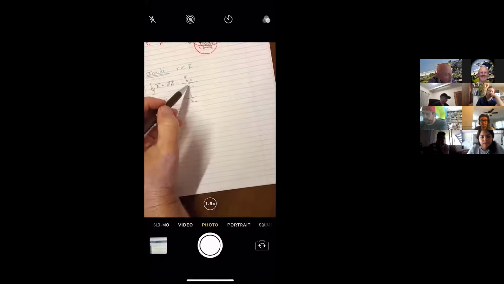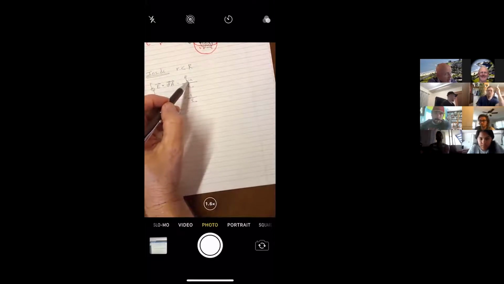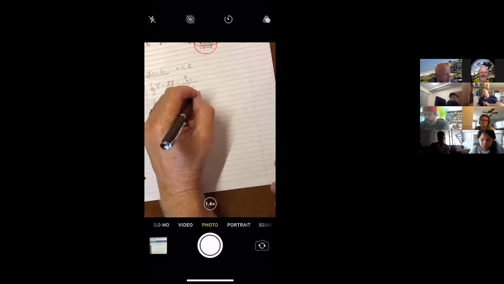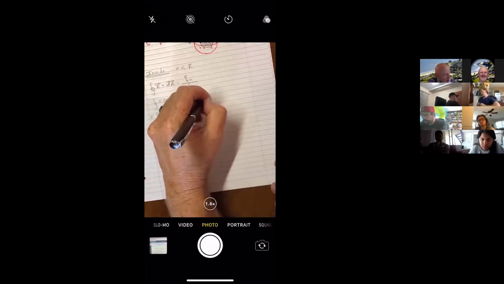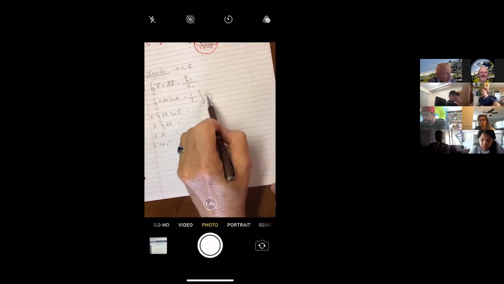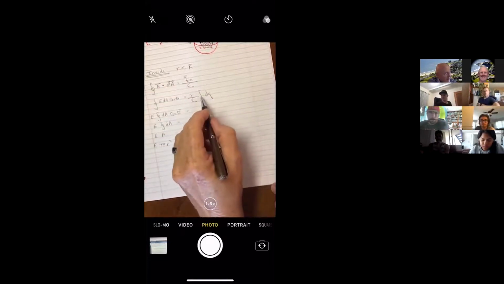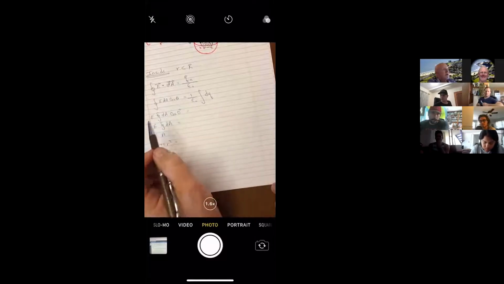I'm going to leave the epsilon naught alone and say that the charge inside the Gaussian surface is a summation of little chunks of charge that are inside of this Gaussian surface. I'm going to write it like a calculus term.